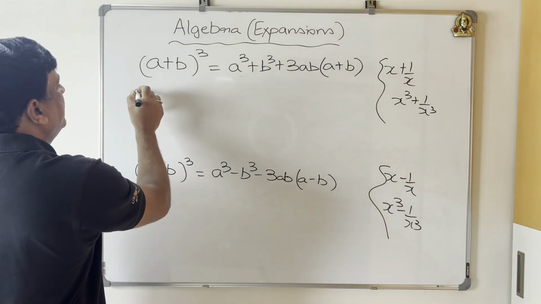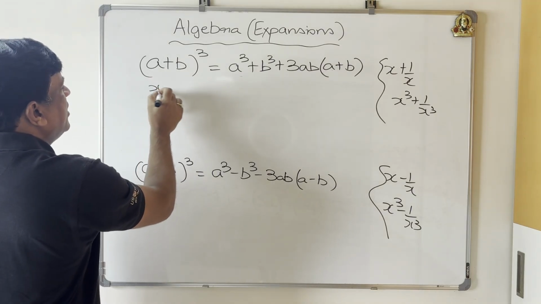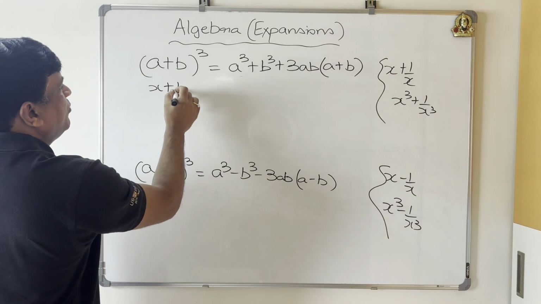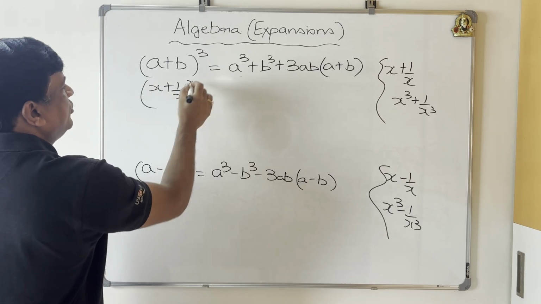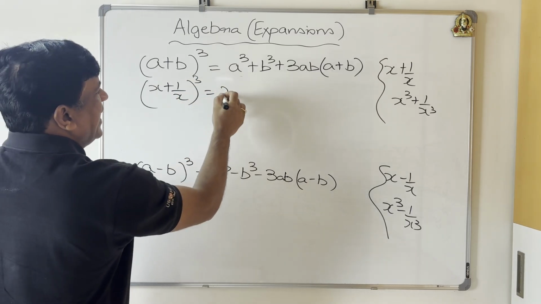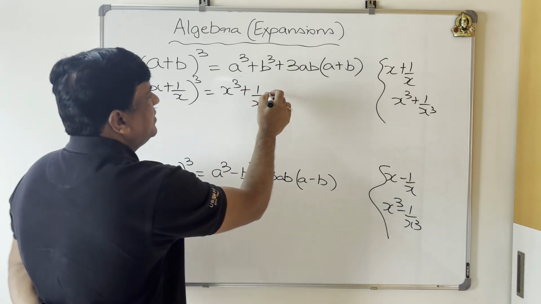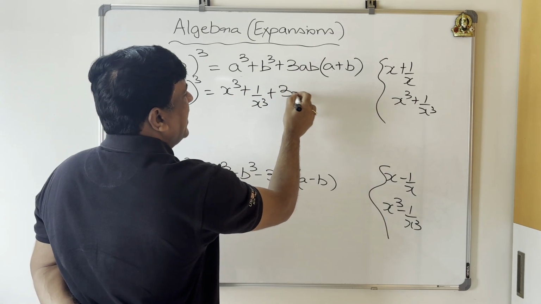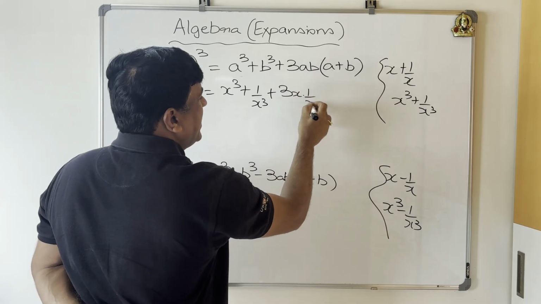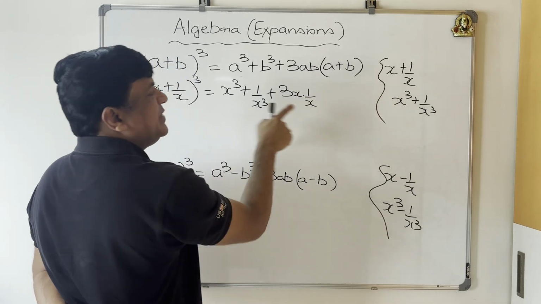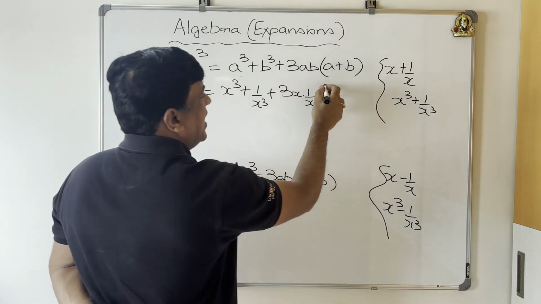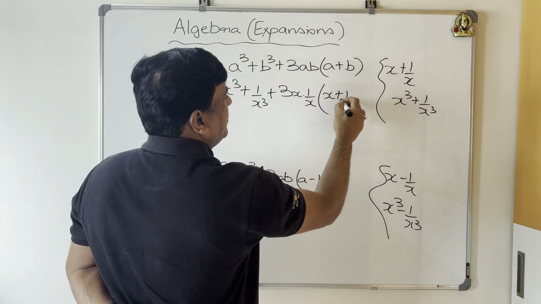Just replace over here. You put a as x and b as 1 by x, whole cube. See what you get? You get x cube plus 1 by x cube, right? Plus 3 times x into 1 by x, because a is x and b is 1 by x. And inside it will be x plus 1 by x.